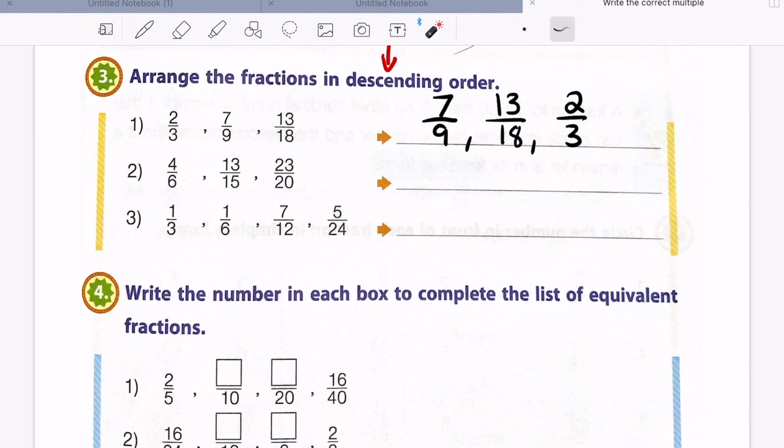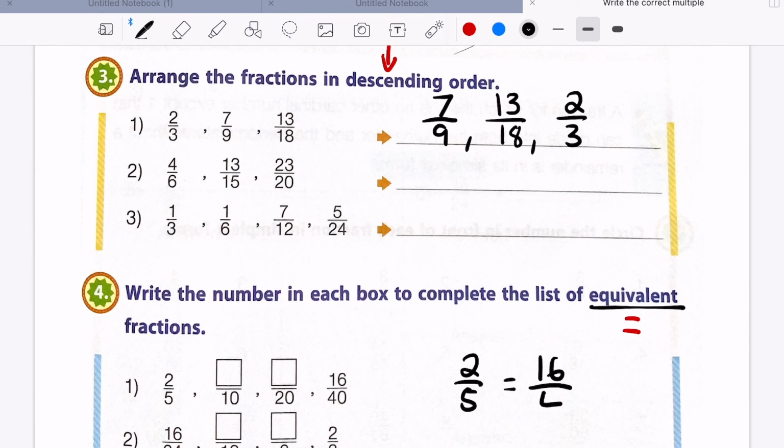So for homework, I want you to try number 2 and number 3. And you'll also do number 1 and number 2. Here it says write the numbers in each box to complete the list of equivalent fractions. Equivalent means equal. So these are all equal, right? Here, we need to write down the equivalent fraction. 2/5 is equal to 16 over 40.